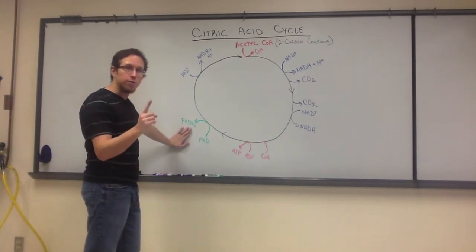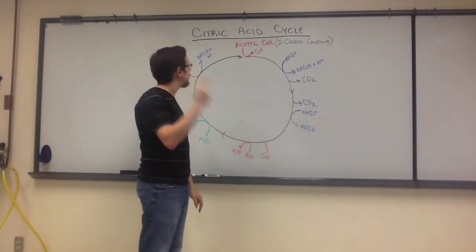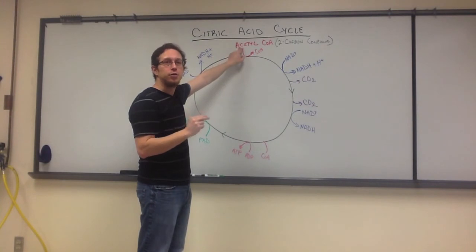For 1 molecule of glucose, we generate 2 molecules of pyruvate, which means we generate 2 molecules of acetyl-CoA.